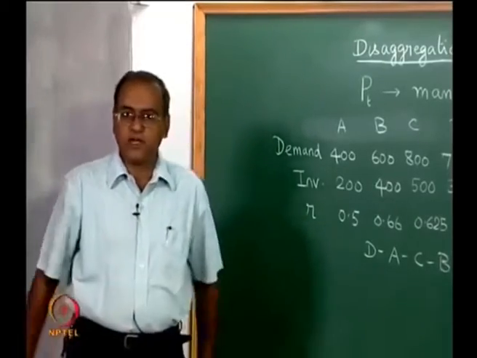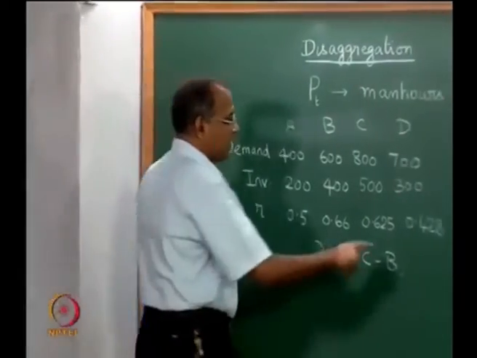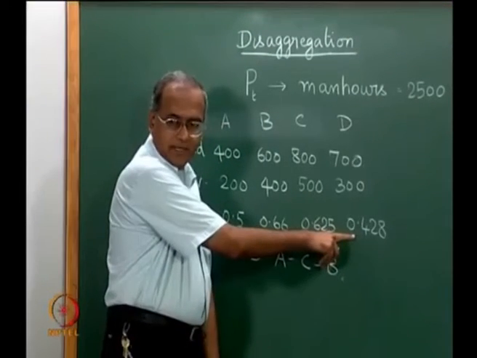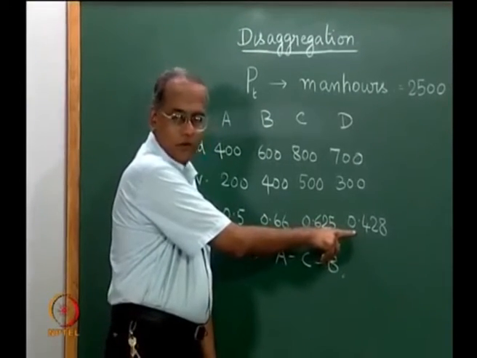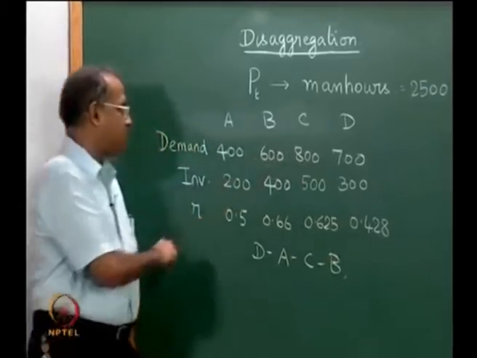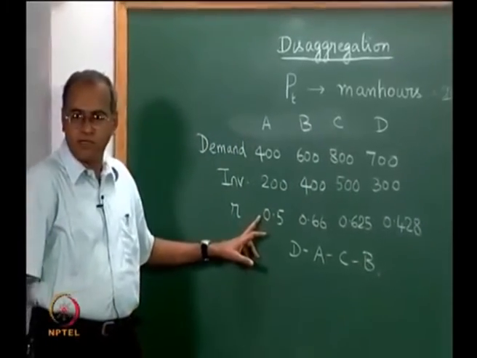Or to put it differently, we have to start the production of D before 0.428 months, we have to start production of A before 0.5 months, and so on.